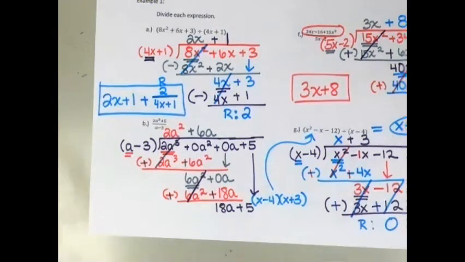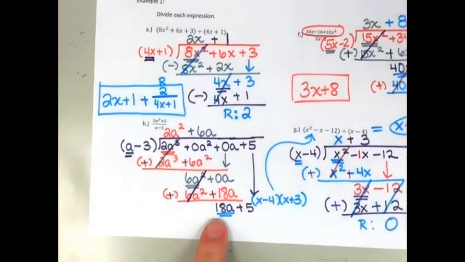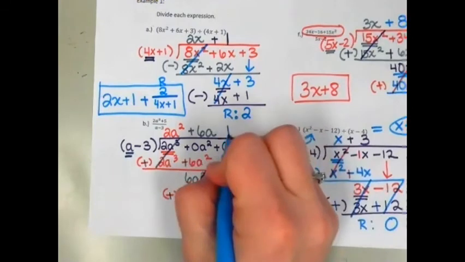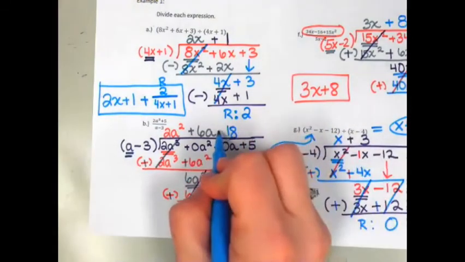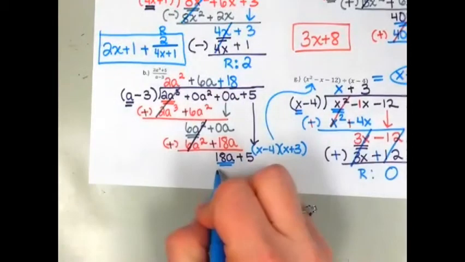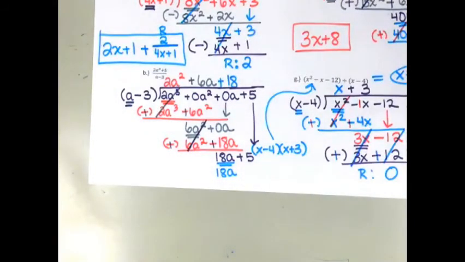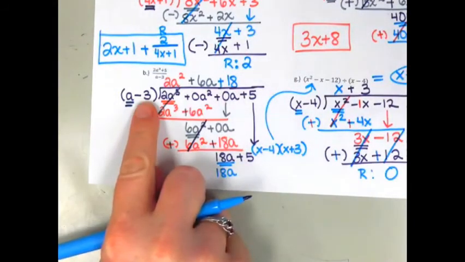So now 18a and a. So a times what gets me to 18a? 18. Positive or negative 18? Positive. Okay. So what's a positive 18 times a? Just positive 18a, right? And what's 18 times negative 3?